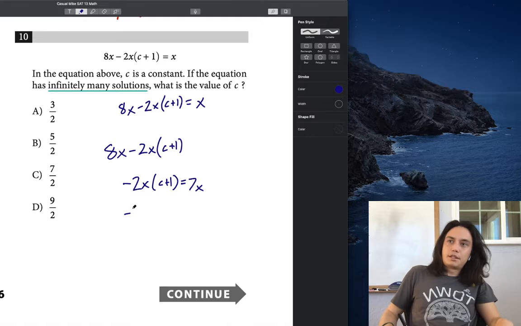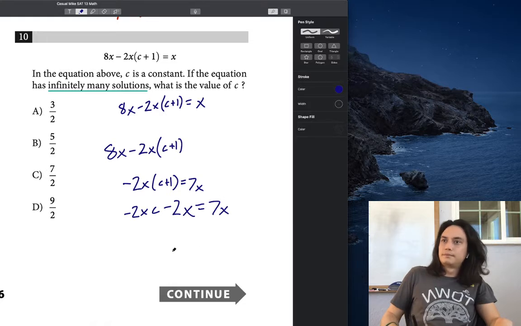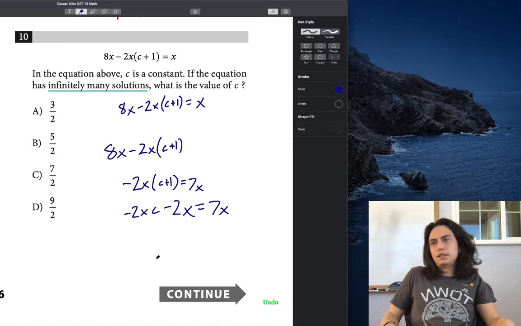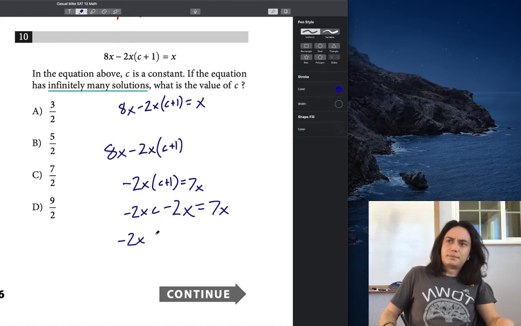So this is minus 2x times c minus 2x equals 7x. This is just me distributing. Oh my god, this is terrible. Negative 2x times c equals, I'm going to move this to the other side. I'm going to add 2x to both sides. This is 9x.